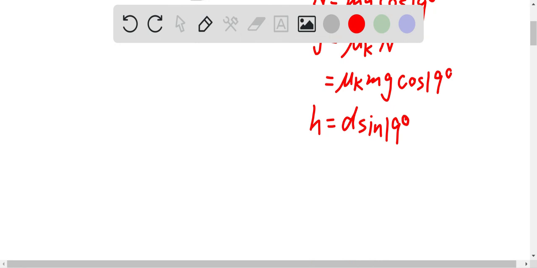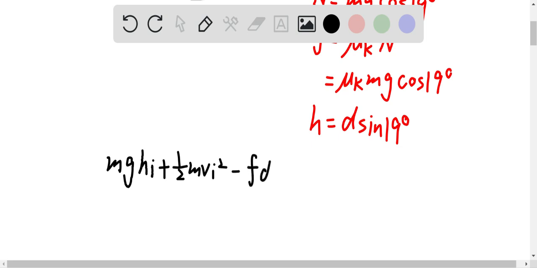So according to the energy conservation law, we'll have the initial potential energy, mg h initial, plus the initial kinetic energy, which is 1/2 m vi squared, minus the energy loss due to the friction, simply minus fd, which is the work done by friction, is equal to the final potential energy, mg h final, plus the final kinetic energy, 1/2 m v final squared.